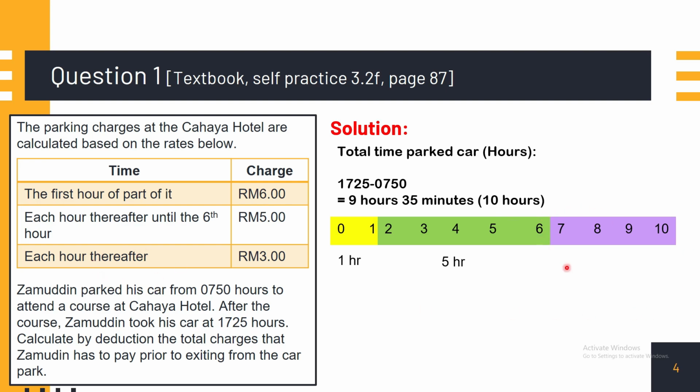That is 5 hours, and then each hour thereafter. Then we calculate how many hours from the 6th hour until the 10th hour. 1, 2, 3, 4. So 4 hours for the purple one.